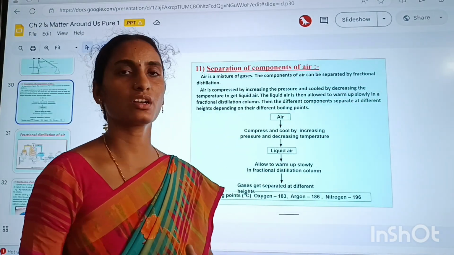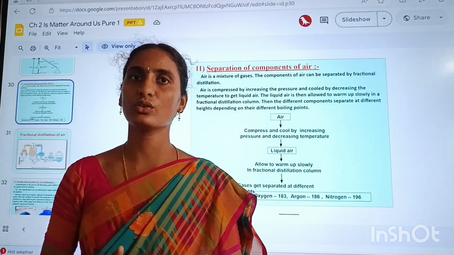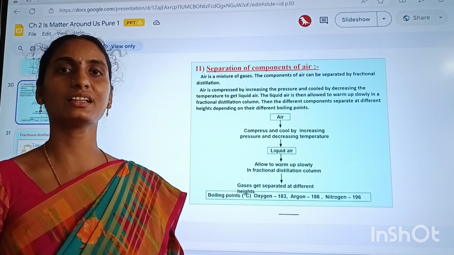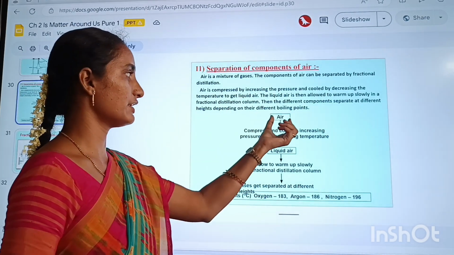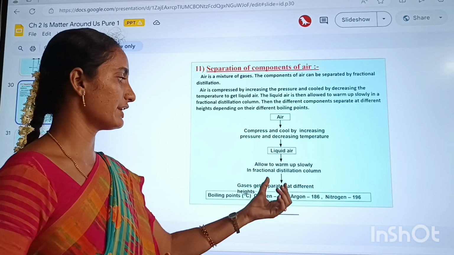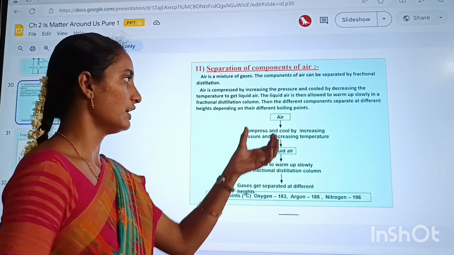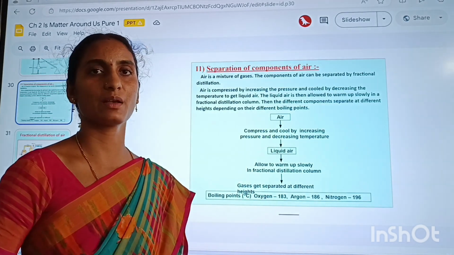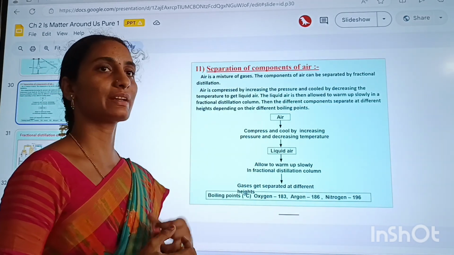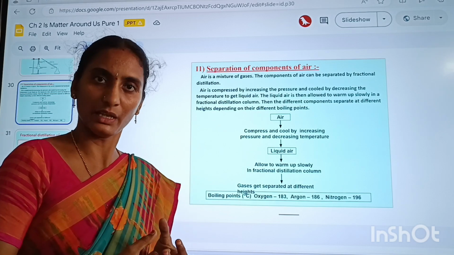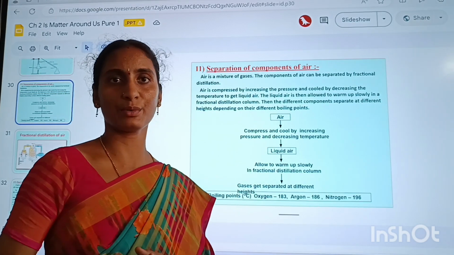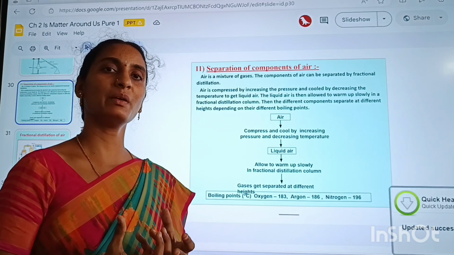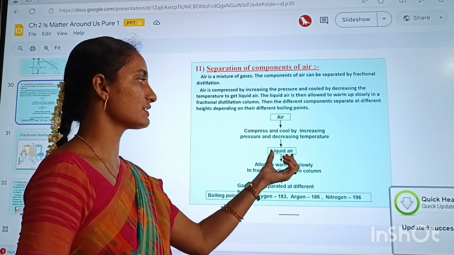Next, separation of the components of air. It is not only mixtures of liquids; air also has other components. In liquid air, the air is compressed and cooled by increasing the pressure and decreasing the temperature. When the pressure increases, the flow of air will be more. When the temperature decreases, no moisture is present in the air, so the air will be very dry. Next is the liquid air.